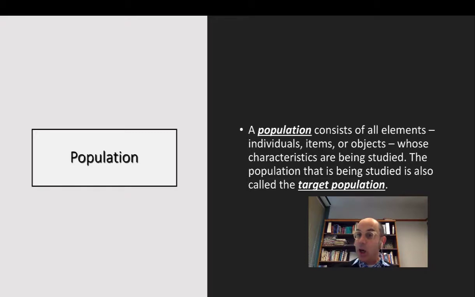When we are talking about population, we are also talking about the target population. For example, nowadays they are saying that young people are often addicted to social media.